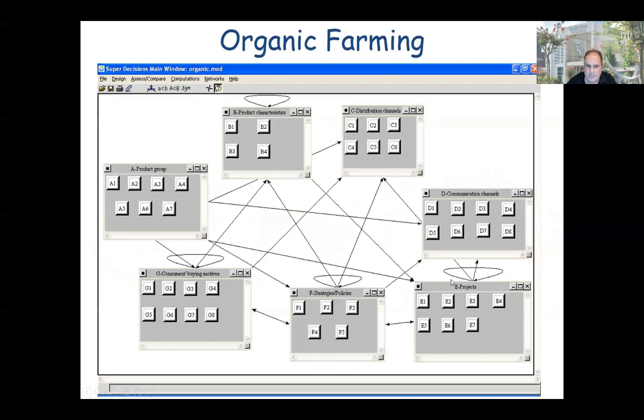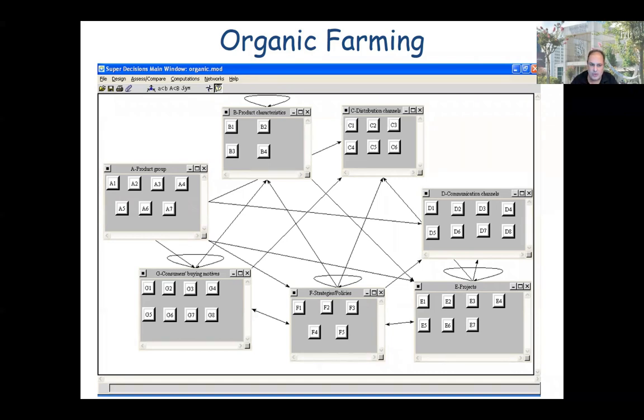Here you see another example in a Super Decisions screenshot. Super Decisions is the software you can use. It's a freeware and shareware program, thanks to Creative Decision Foundation. They are doing a great job. And here you see an organic foods network with one of my PhD students we dealt with.